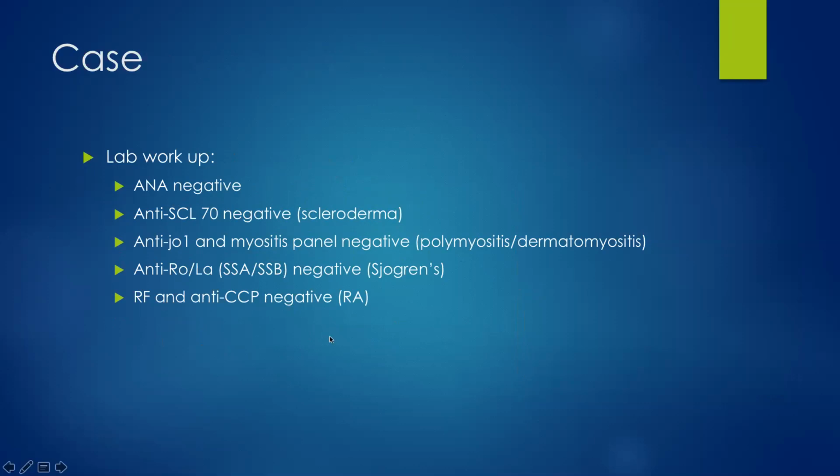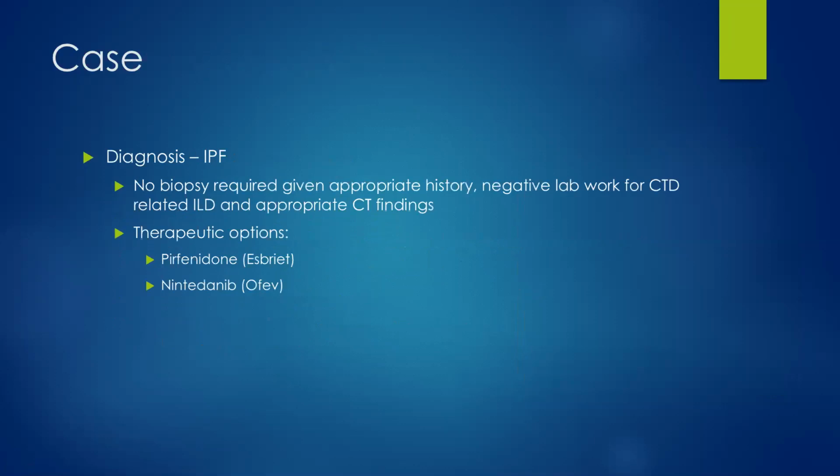Anti-CCP is cyclic citrullinated peptide. It's RA. And then I don't need to do anything else. He's got a negative lab workup. His CT is consistent with IPF. He's the right story.